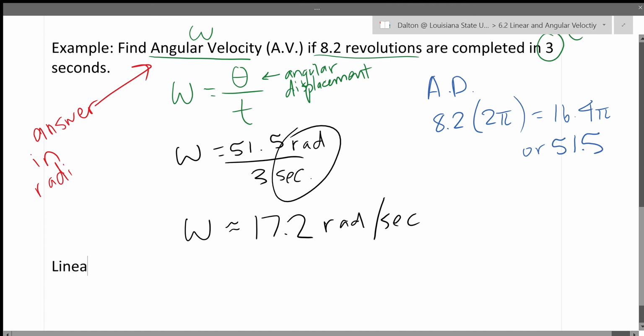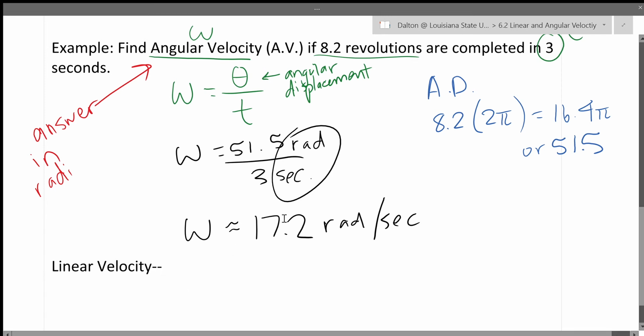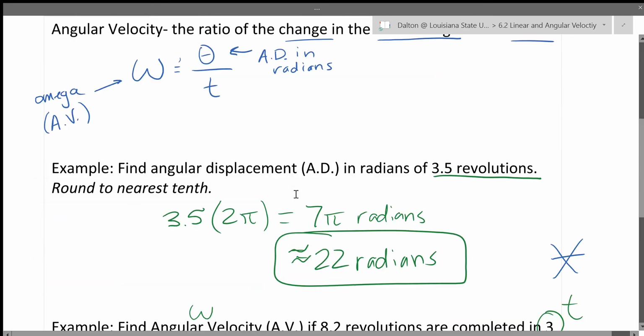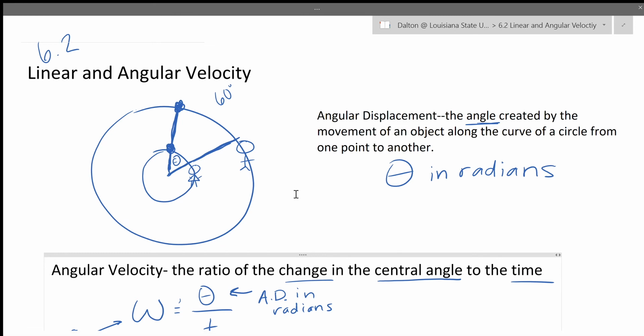The last thing to discuss is linear velocity. Hopefully the word linear makes you think of the word line, which we all know what a line is. Let's go back up to the top to our little carousel. I want to talk about the difference between my linear velocity and Mr. Ware's linear velocity.